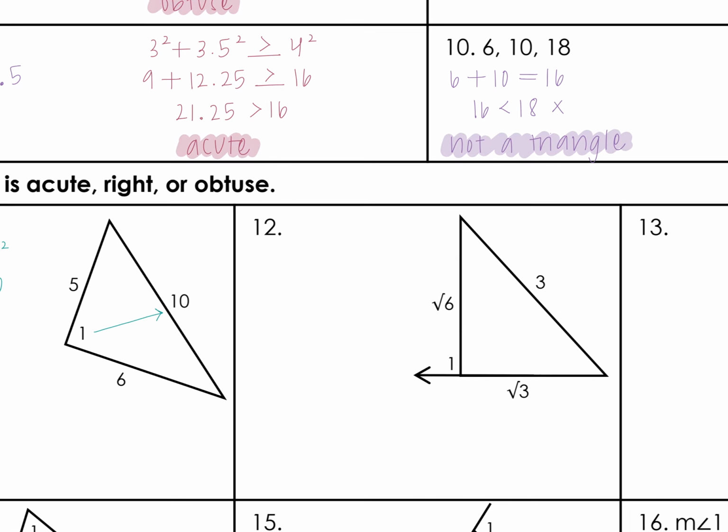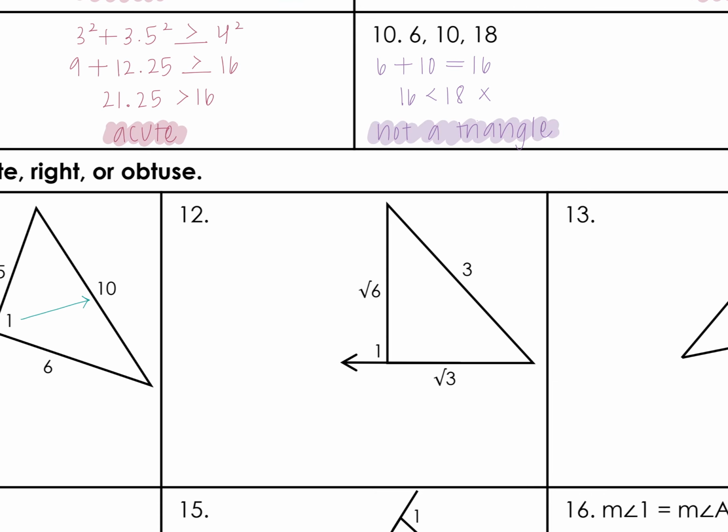All right, so now let's look at number 12. In number 12, right now we see that angle 1 is outside of our triangle. We're going to focus on using the triangle first. Here we'll have the square root of 6 squared plus my root 3 squared on my left side, and then on my right side I'm going to have that 3 squared as my c squared.